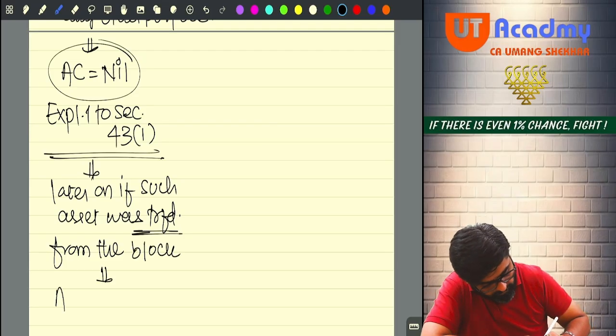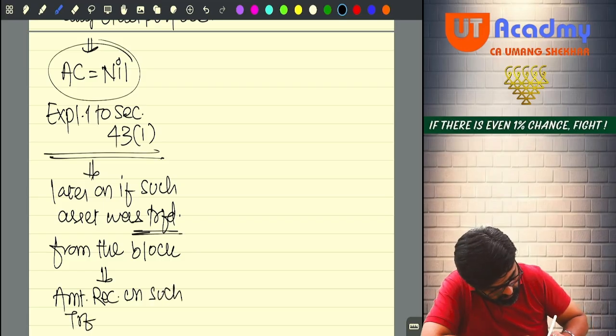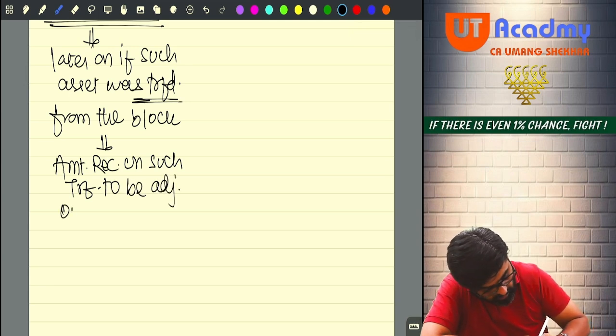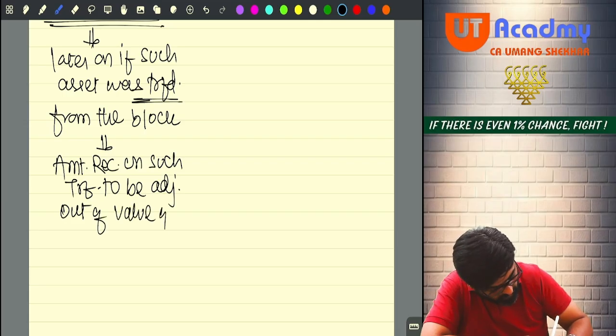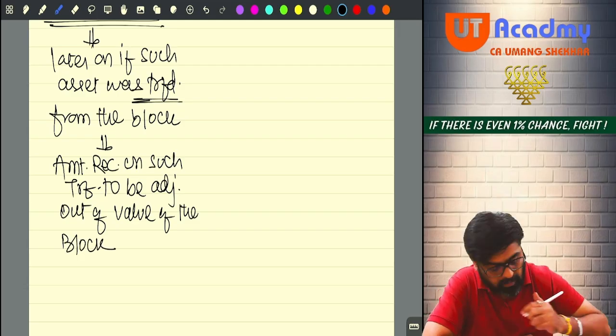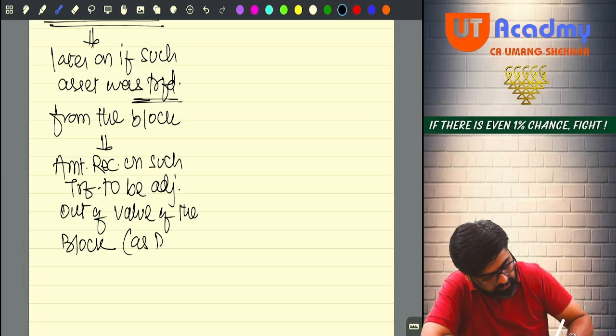Then the amount recovered on such transfer is to be adjusted out of the value of the block. To be adjusted out of the value of the block as deletions.